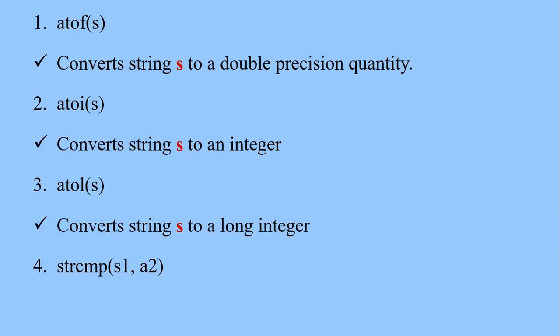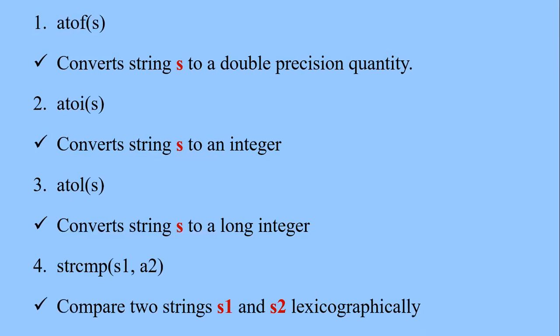strcmp, receiving two parameters or two arguments, it compares two strings, the first string and the second string, to see if they are similar or if they are different.